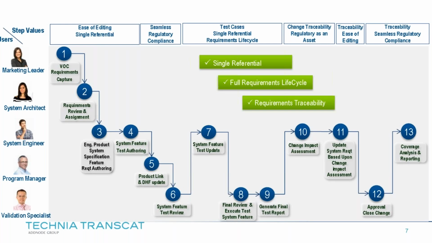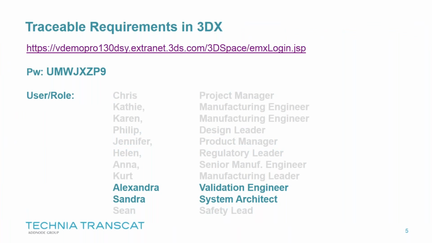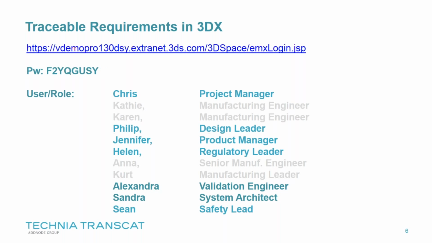It's really to map the requirements to the product design. So even though the users we might focus on will be a validation engineer and a system architect, the people typically involved in the full requirements loop will be a project manager, it will be a design leader, systems architect, it might be the safety lead reviewing the risk analysis and the hazards.